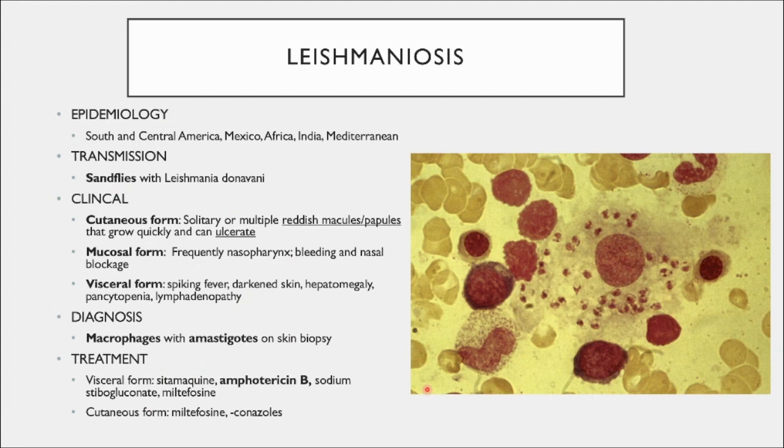This is a pretty rare disease for us to see in the United States. It causes cutaneous leishmaniasis in places like South and Central America, Africa, India, the Mediterranean, and Mexico. It's spread by sandflies. And really the thing to take into account for this is just it forms these amastigotes in the biopsies.